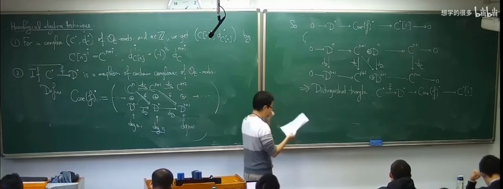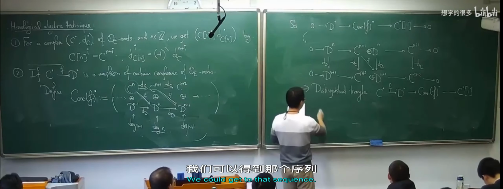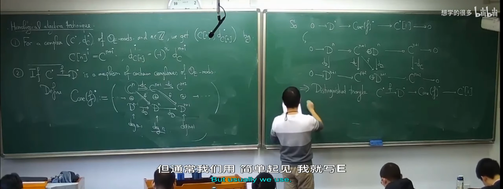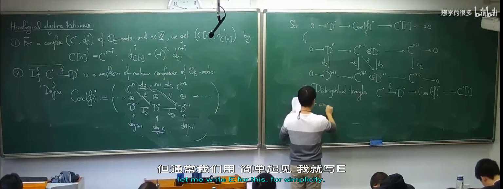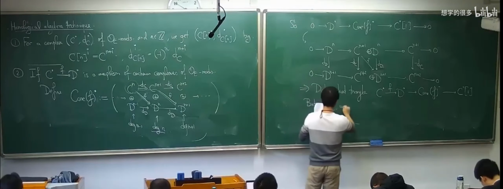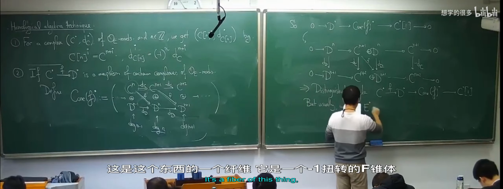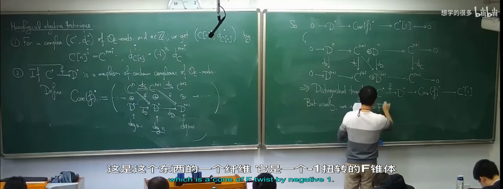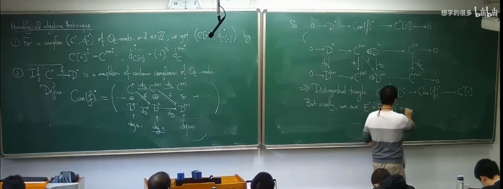And, right, one more thing. We get the exact sequence. But usually we use, let me write E for this for simplicity. It's called a fiber product. It's the fiber of this thing, which is a cone of F twisted by -1.